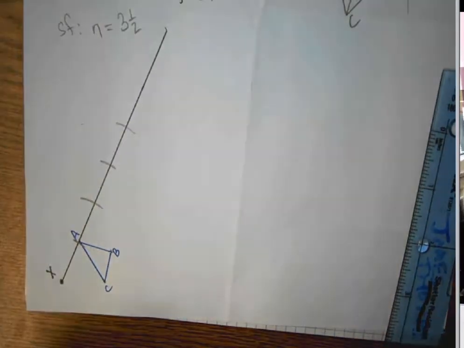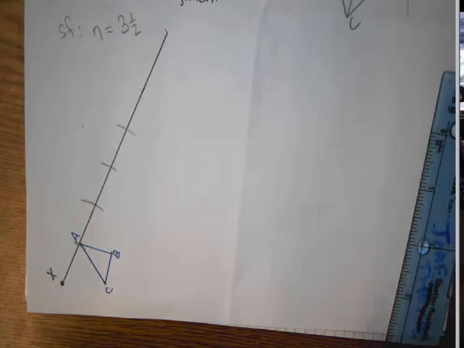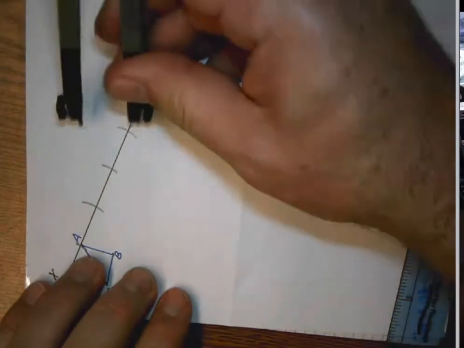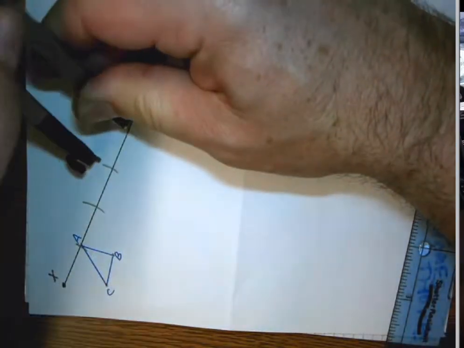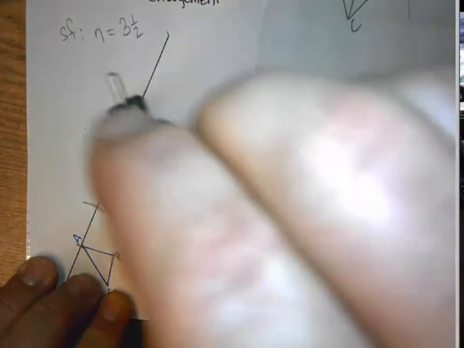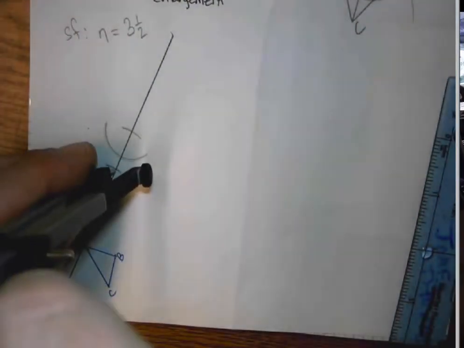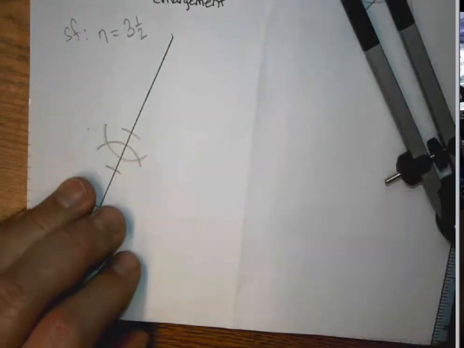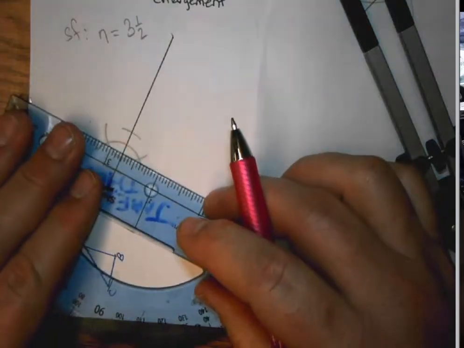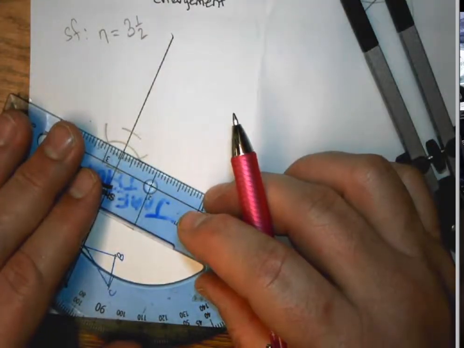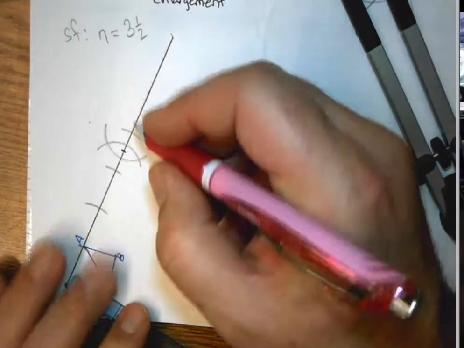Well, I can come back and do a construction of a segment bisector. In other words, I can find the midpoint between the 3rd and the 4th segments. And if I find that midpoint exactly halfway between 3 and 4, it should be 3.5.